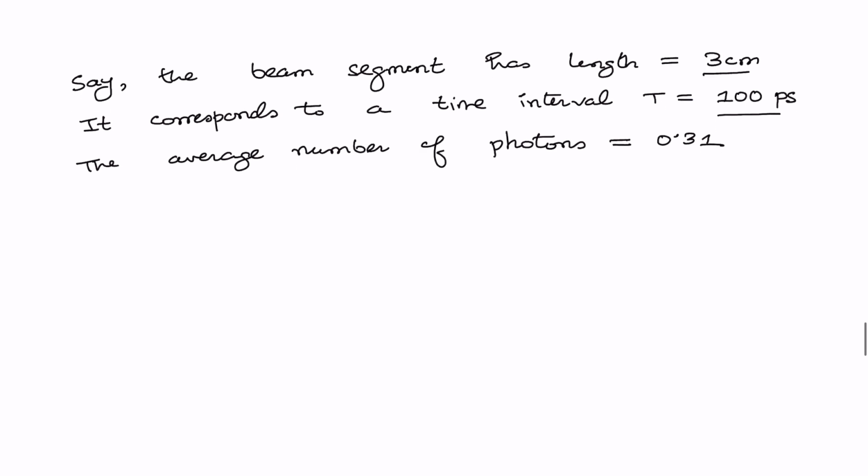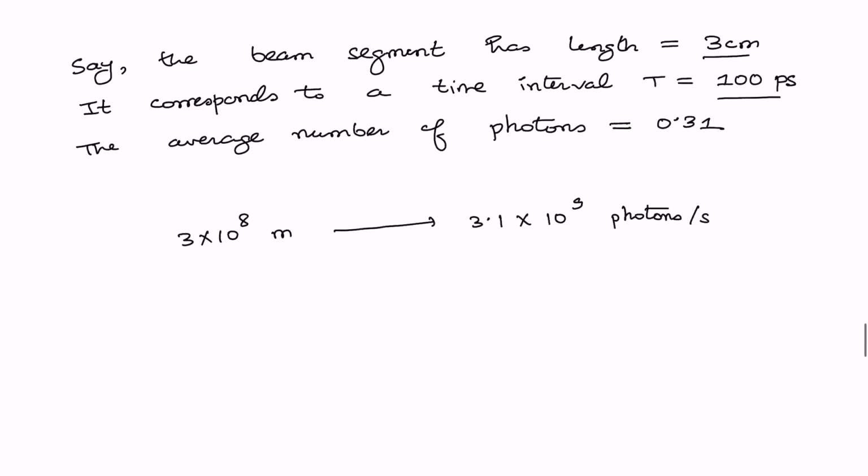Let me explain the maths again. You see, 3 into 10 to the power 8 meter of length segment is going to have the number of photons that we have calculated, 3.1 into 10 to the power 9 photons per second, right? That's what we have already calculated in our given problem.